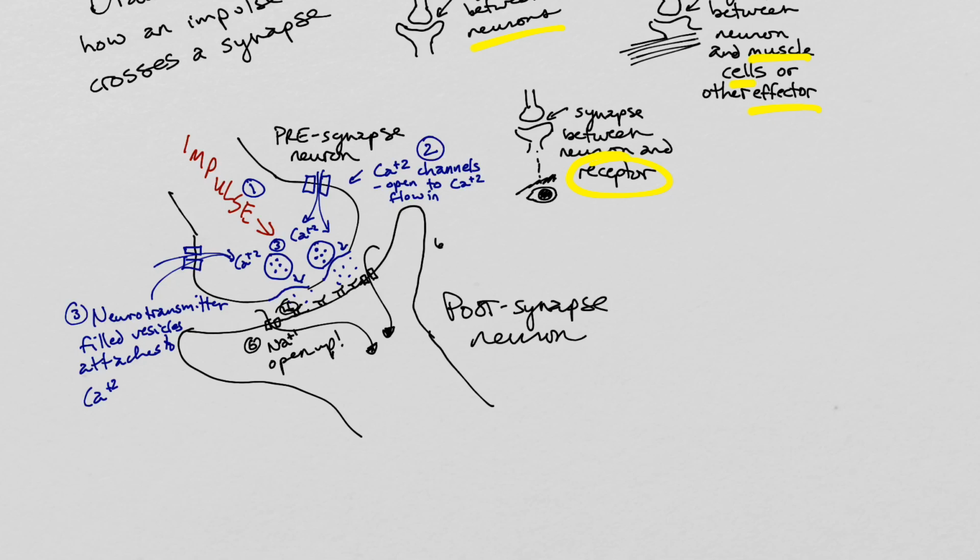Number six is that there are enzymes that sit inside of the synapse, the gap in between the neurons, and those degrade or break down the neurotransmitters so that the signal doesn't keep going.